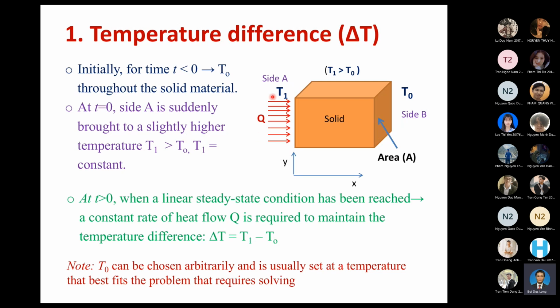If you don't continuously flow heat into side A, after a certain time the temperatures of side A and side B will be equal, with no temperature difference anymore. So we have to keep flowing heat from side A to side B to maintain the delta T. Of course, if you want to change delta T, you can change the heat from the A side or the B side here.